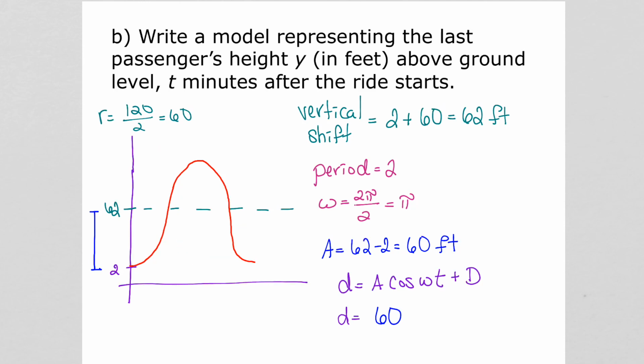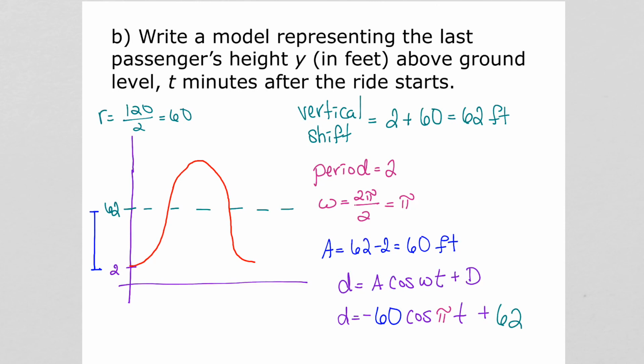So since we're starting down and going up, then it's going to be negative. Then cosine of omega, which is pi, times t plus our vertical shift, which we found to be 62. So there's our equation. And that concludes this part of simple harmonic motion.